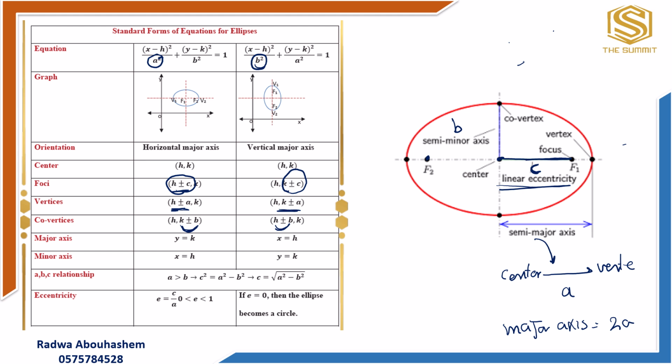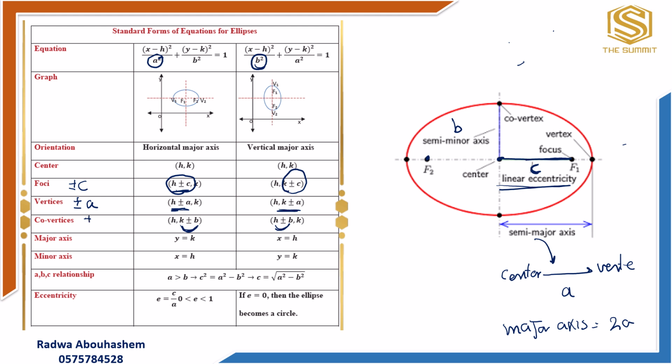So let me summarize it again. If you are searching for foci, you add or subtract c. Horizontal, you add to the h. Vertical, you add to the k. If it's vertices, this means that you add or subtract a. Horizontal, you add to the h. Vertical, you add to the k. If it's co-vertices, now you're going to switch.